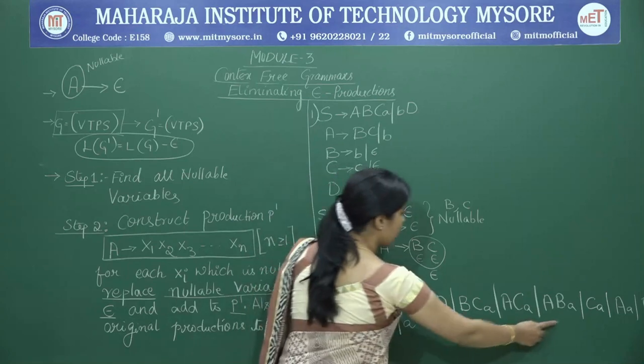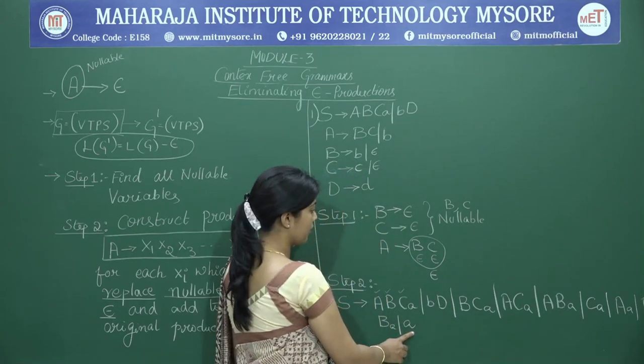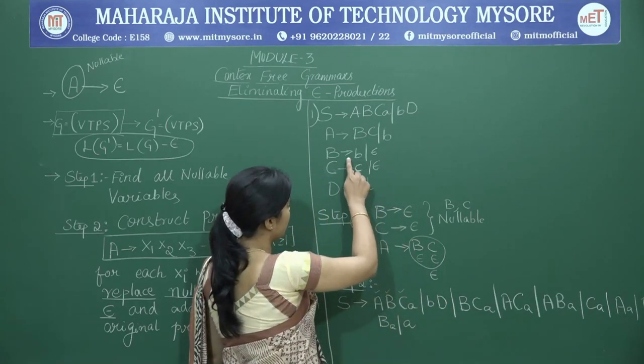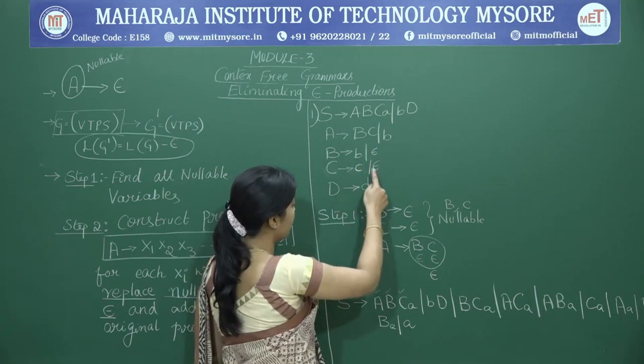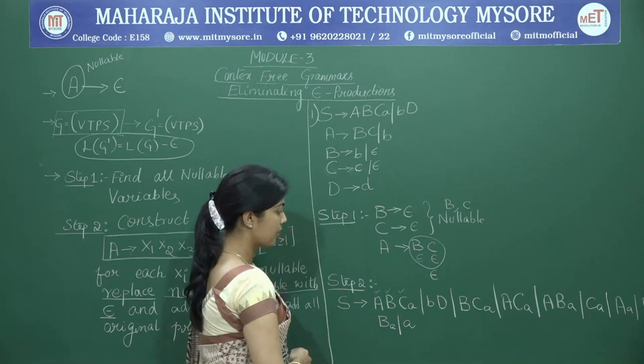So these are the alternate productions that we have written, which in turn could be A goes to epsilon, B goes to epsilon and C goes to epsilon.